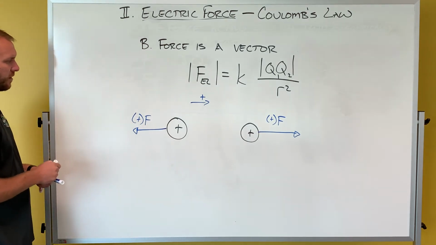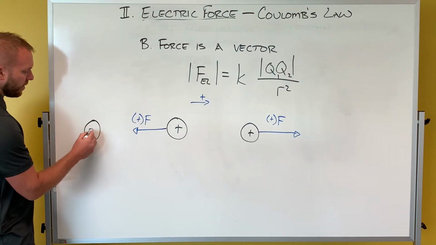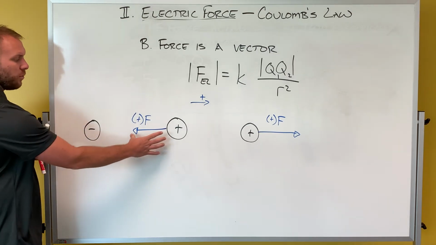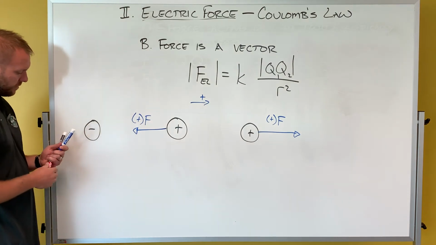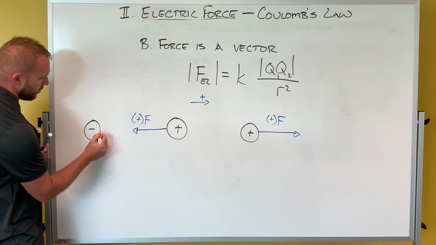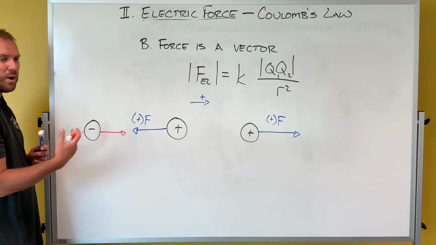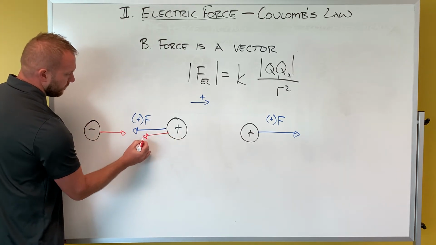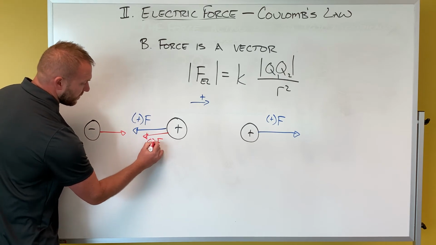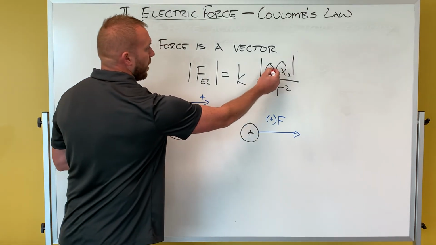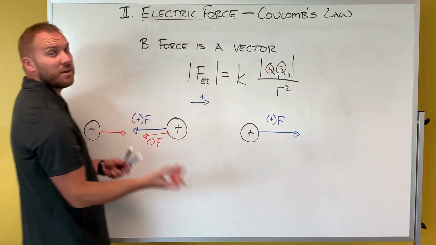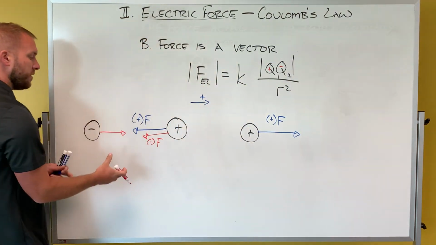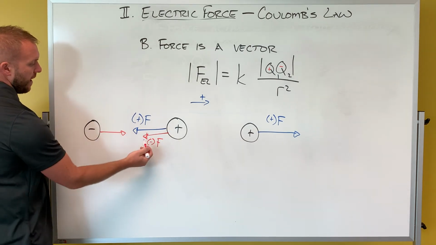An example of that is if I were to put a negative charge here, what we see is that these two are going to attract. And so that then is going to give me a force here. Make it red to just differentiate. And it's also going to give me a force here. This force really is a negative value because a positive multiplied by a negative gives me a negative. But this is an absolute value here, so the magnitude is that value.